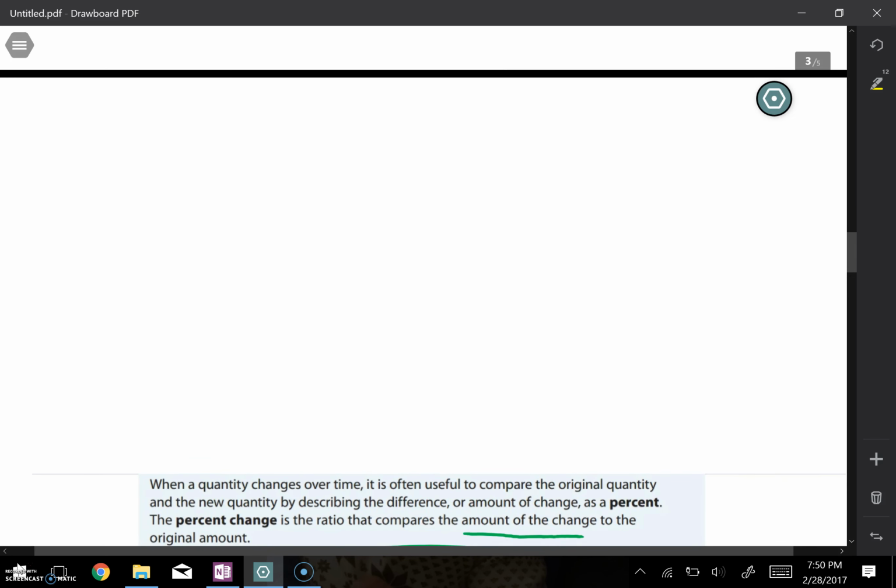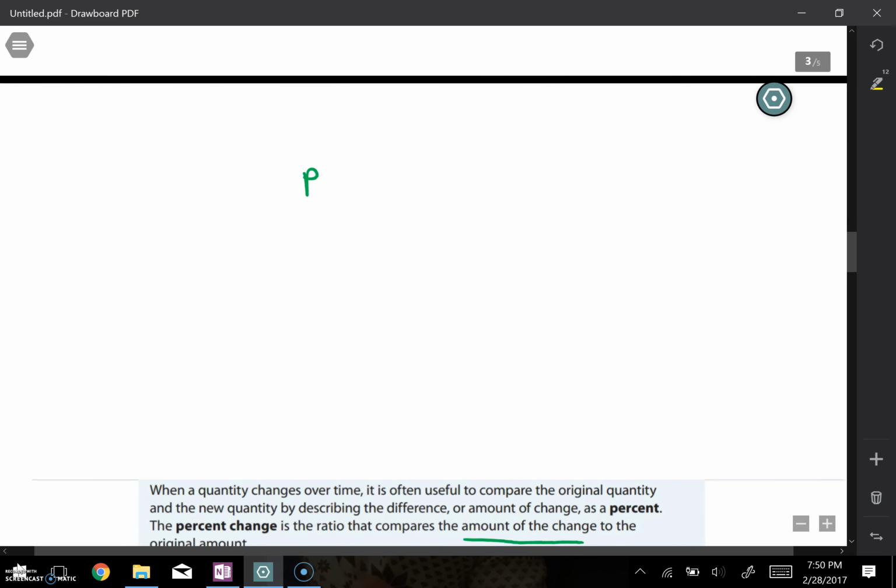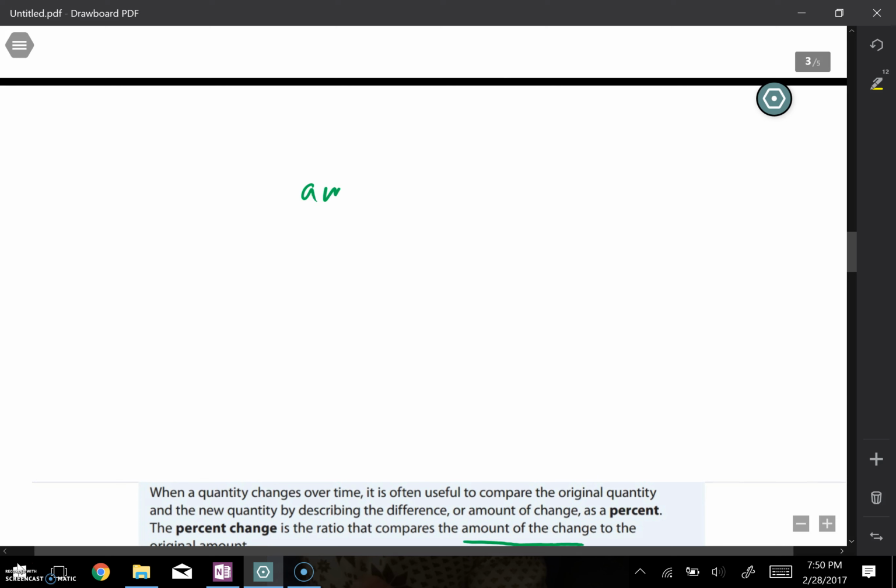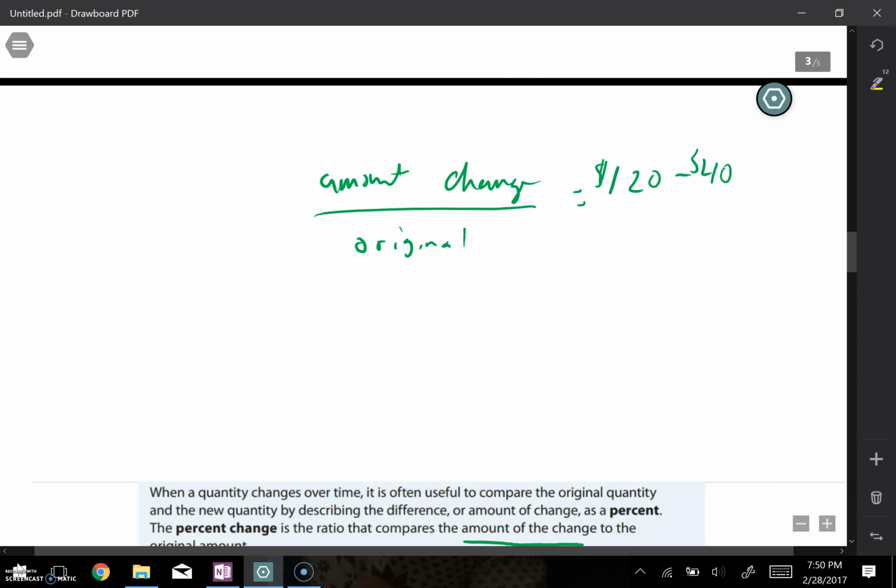So going back to this example here, the percent change is the amount of change divided by original. So if I say, hey, she in June made $120, but she started with $40, what was her percent change?